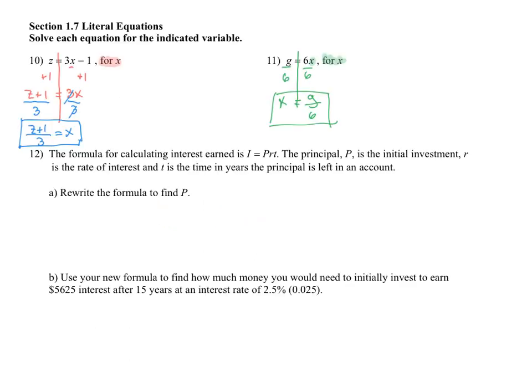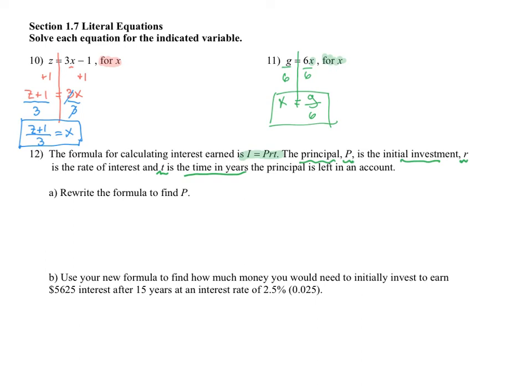And for our final example, we're going to take a literal equation and use it. So the formula for calculating interest is I equals PRT, where P is the principal, the initial investment, R is the interest rate, and T is the time in years.